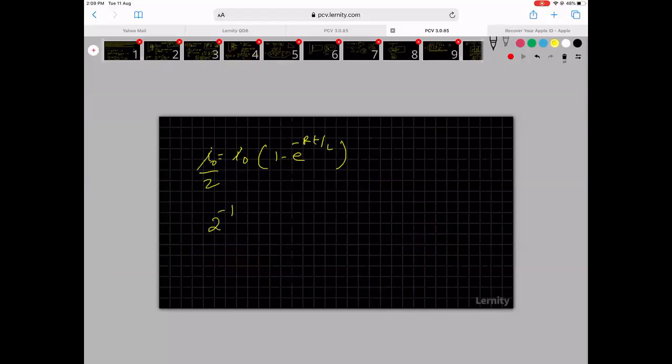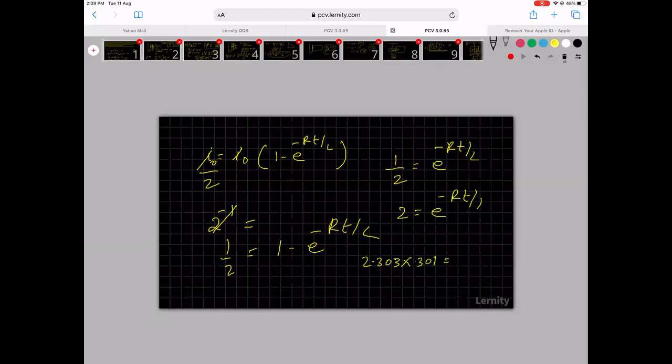Cancel, so 1 by 2 is equal to 1 minus e power minus RT by L. So you will get 1 by 2 is equal to e power minus RT by L, or 2 is equal to e power RT by L. So 2.303 into 0.301 is equal to RT by L. So T is equal to 0.6909 into L by R. Everything is given to you, substitute, you get your answer.